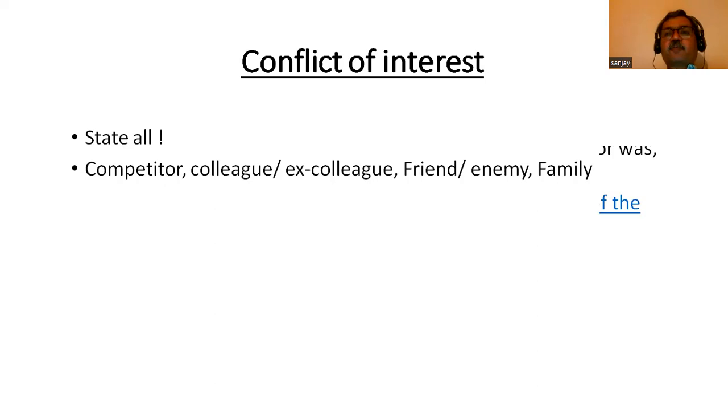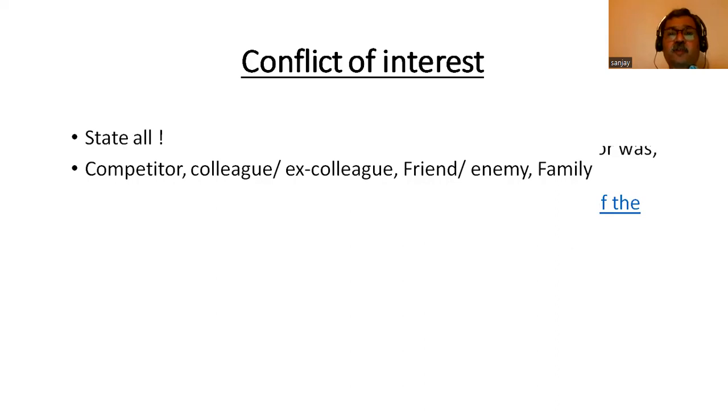I'd like to give an example of how this has happened in one of my papers. In a paper that I got as a referee some years ago, I received a paper from an editor and I instantly recognized the paper, recognized the data, and I got back to the editor and said, I know who's written this paper for sure. So I think you should send it to somebody else.